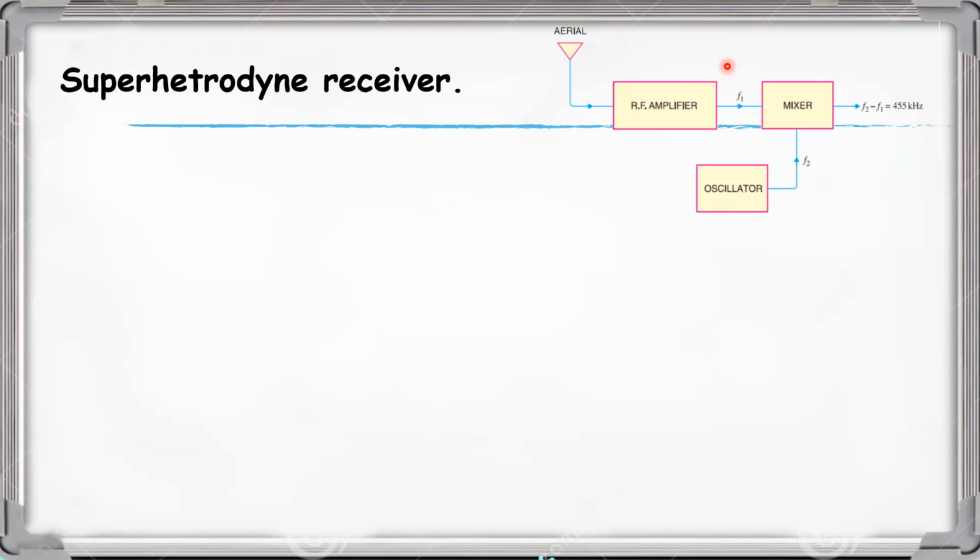So when we select a radio station having 600 kilohertz, the local oscillator frequency is set to 1055 kilohertz.